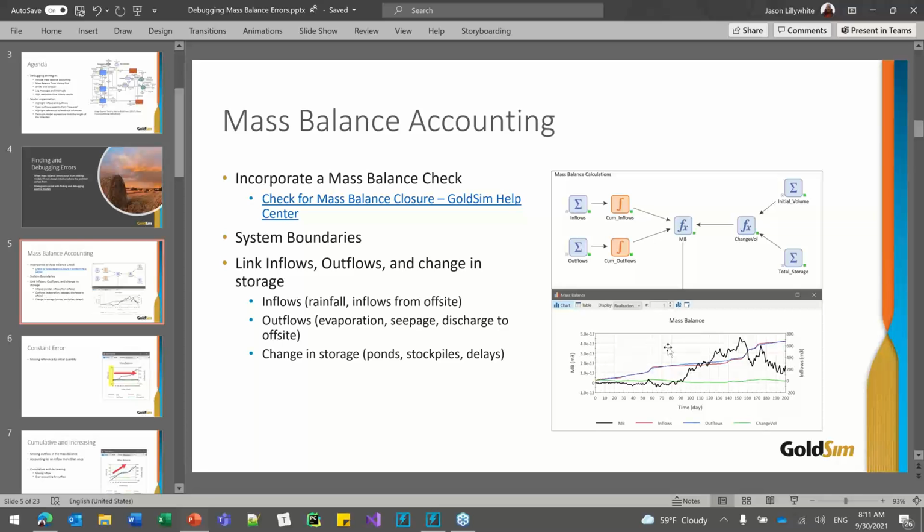One thing to keep in mind, by the way, when I'm talking about storage in your system, it can come from the obvious places, such as a pond that you're modeling, a tailings facility, something like that. But it can also come from delay elements.